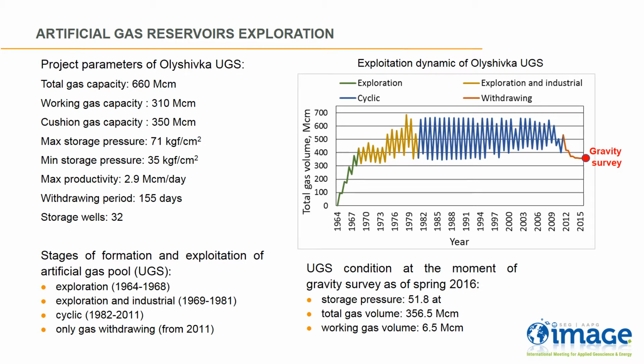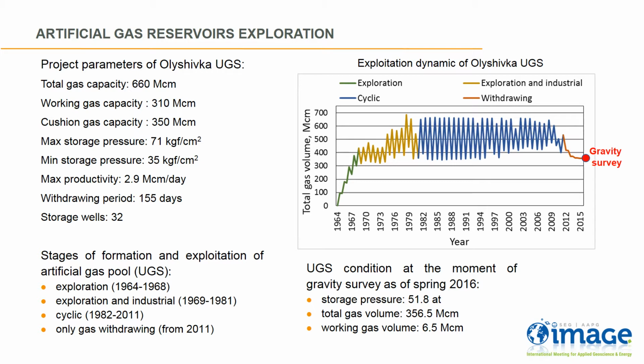Olyshivka underground gas storage has 660 million cubic meters of total gas capacity and 310 million cubic meters of working gas capacity. Since 2011, the UGS had been exploited only for withdrawing.